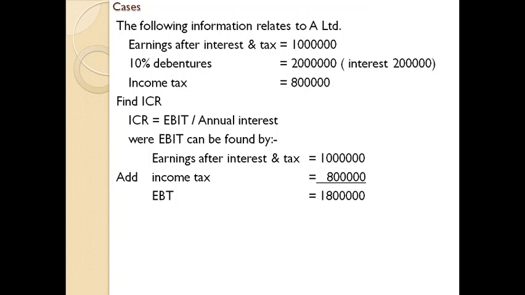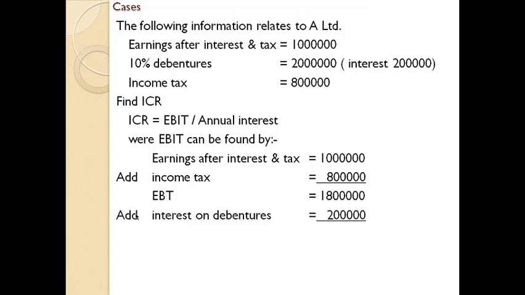For finding the interest coverage ratio, you need earnings before interest and tax, so you need to add back interest. Usually the interest, here 2 lakhs, will not be stated in the question. The only detail given is 10% debentures of 20 lakhs, so you need to identify the interest amount. It's easy: 10% of 20 lakhs is 2 lakhs.